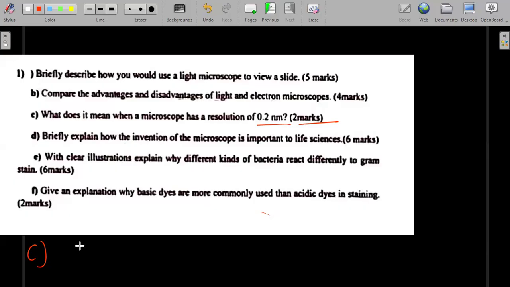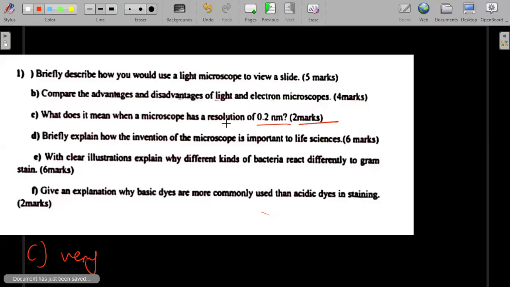Anyone to give it a try? If a microscope has a resolution this fine, it means that this microscope can only identify structures which are very fine.